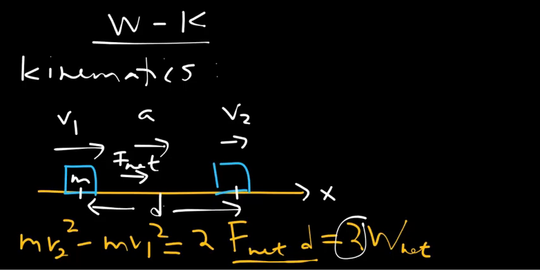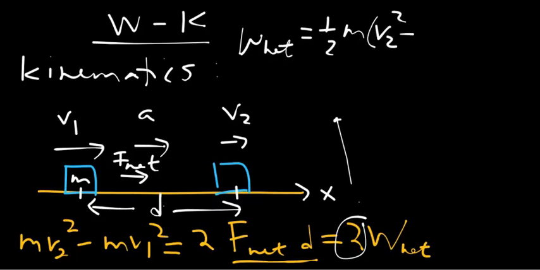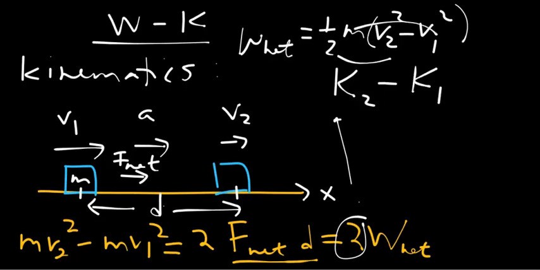Moving the 2 to the left-hand side, we see that the net work done on this object equals half m times v2 squared minus v1 squared. Now this term is the kinetic energy at location 2, and that term is the kinetic energy at location 1.